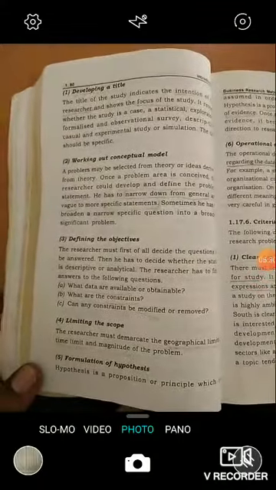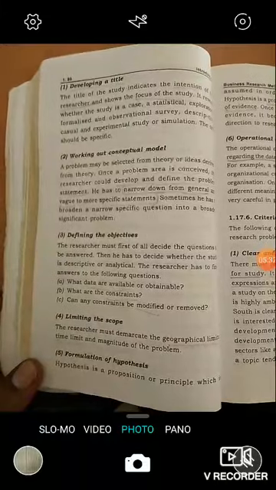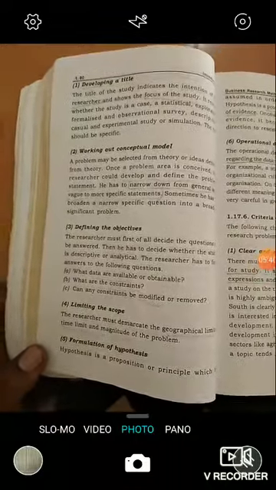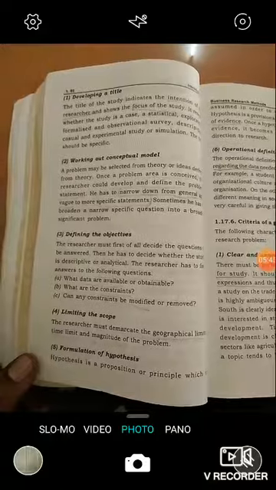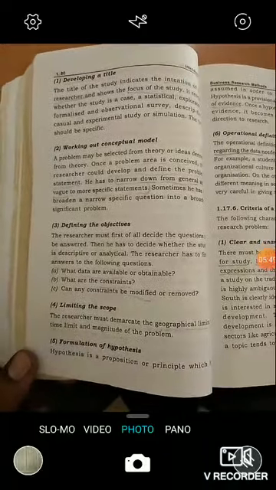Next, we are going to see steps in formulating a research problem. These are 6 steps every research needs to follow. First, develop a title. Second, after the title is developed by the researcher, they go for developing a model for putting that title into practice.